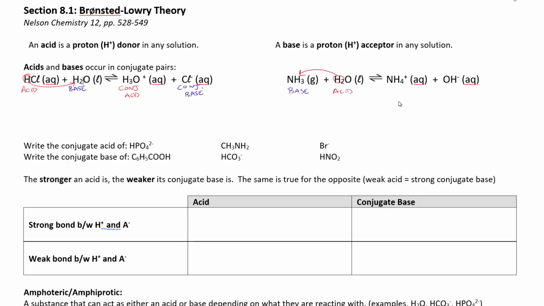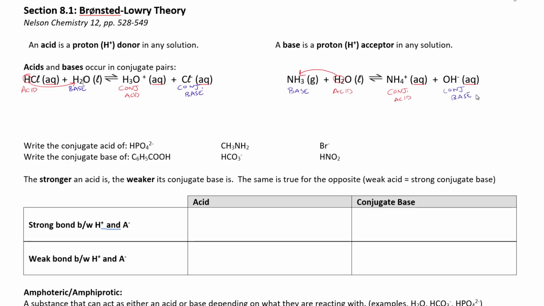And if we look on the reverse side, now that ammonia has an extra hydrogen to become ammonium, it could go backwards and redonate that proton, so it could become a proton donor, and OH- becomes the conjugate base.